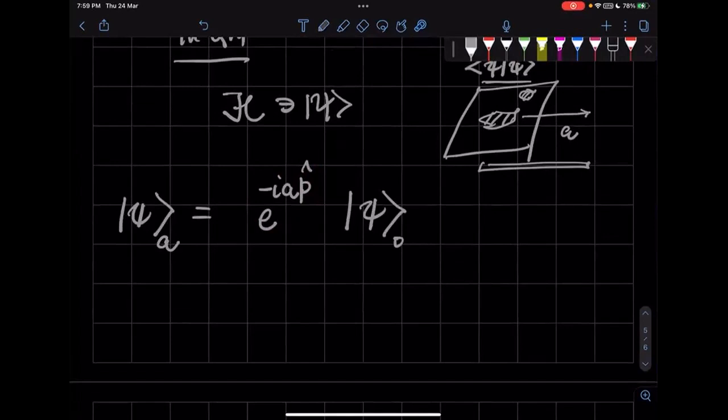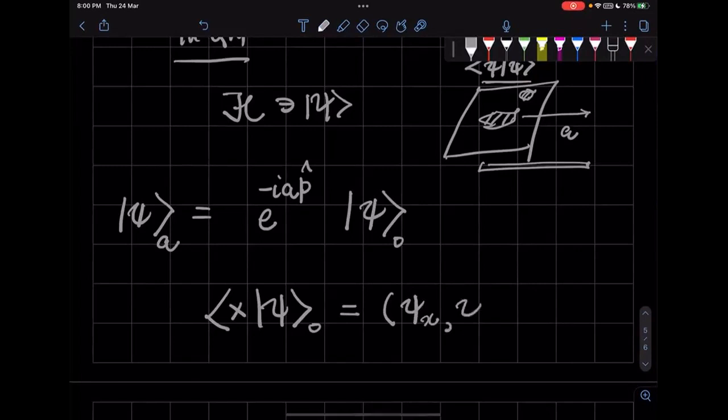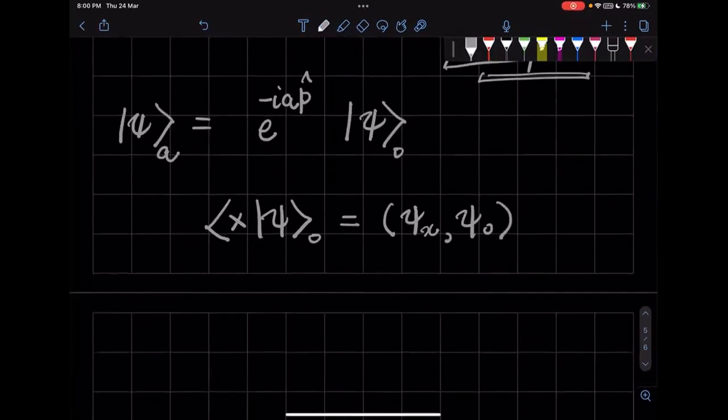It's not very hard to show that if I now look at psi in the position representation, so I take my position basis and do an inner product, that is the position eigenstates with the state of the system. So this is going to be a function of x. This is what we call the wave function.